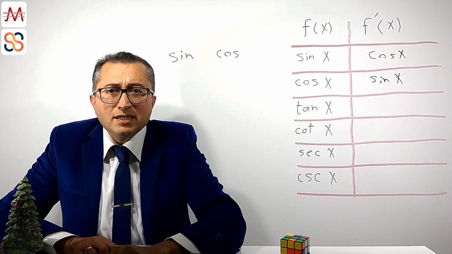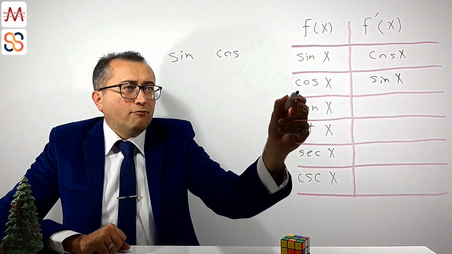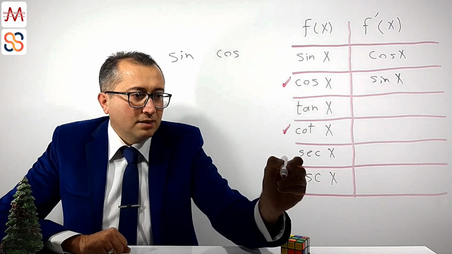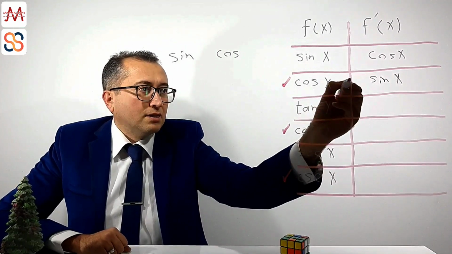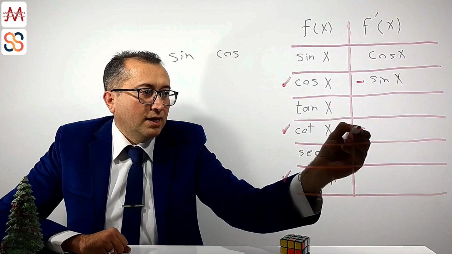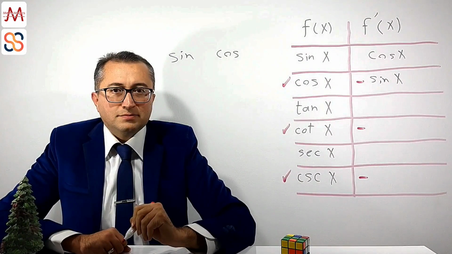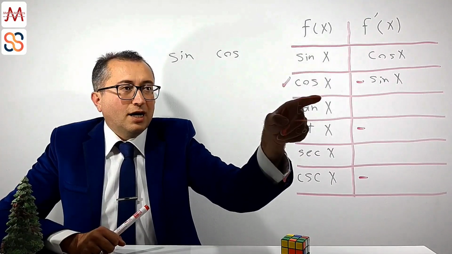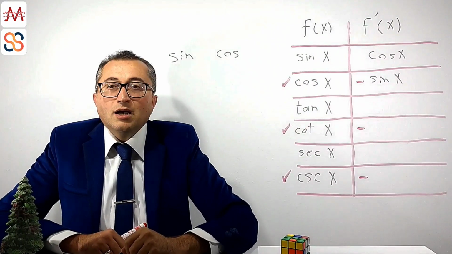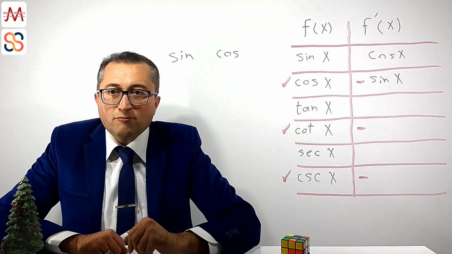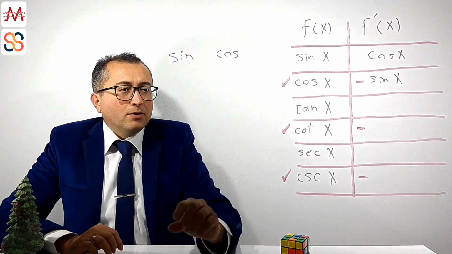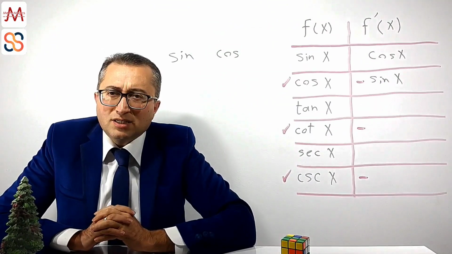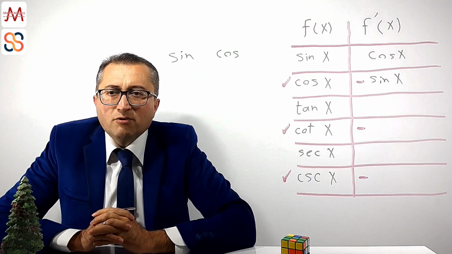The next trick is this. Look at the functions. If they start with the letter C, their derivatives will have a negative sign. So we know how to take the derivative of sine and cosine x. When it comes to the last 4 functions, the last 2 functions, secant and cosecant, are a little bit weird.